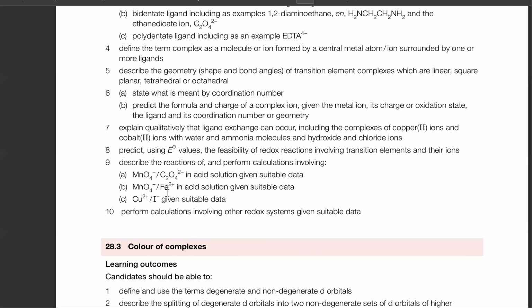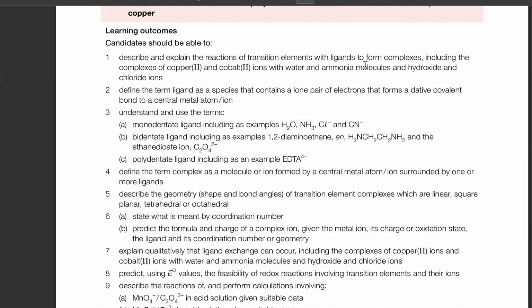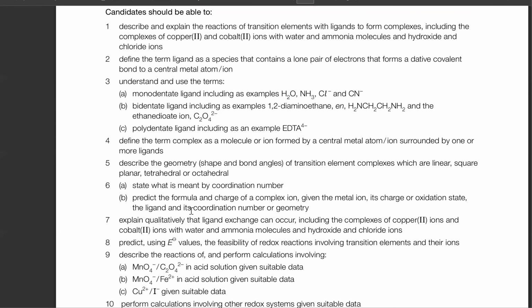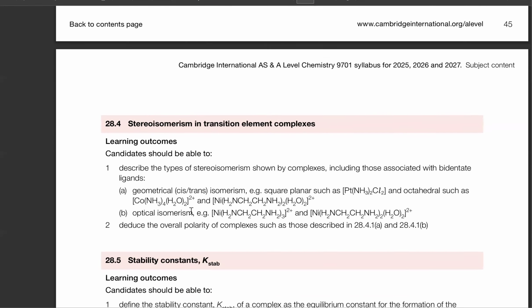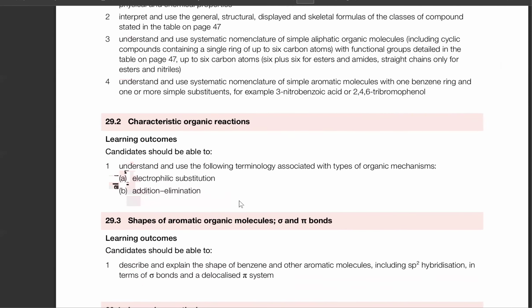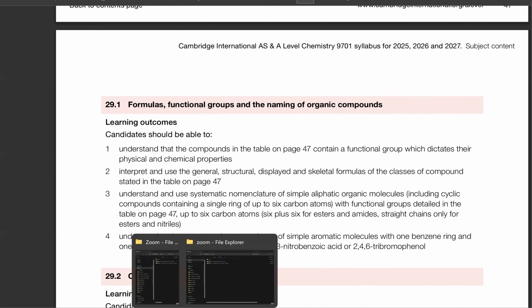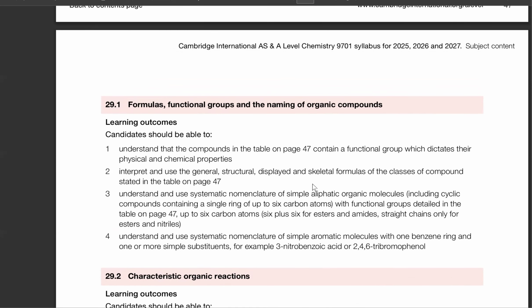We did electrochemistry previously. Redox, we did that in electrochemistry. And nothing new. Sir, which chapter will you start next? We're just left with organic basically. Have you done the first one, lattice energy? Yeah, we've done that.